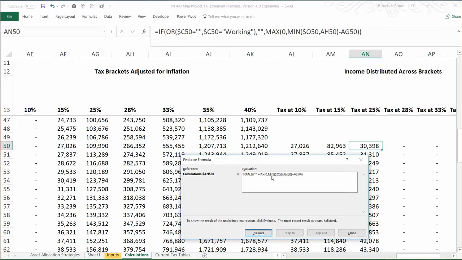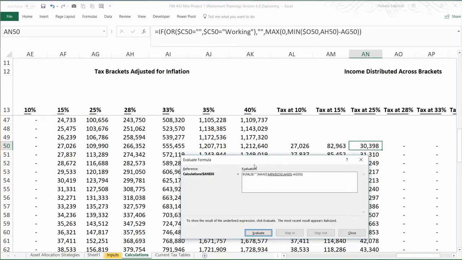And now it's going to find the minimum of their 401k withdrawal, which is 140,000, or the preceding column's bracket amount, which is 266,352. But this time, the minimum of those two is the withdrawal of 140,000. So it's going to choose that.